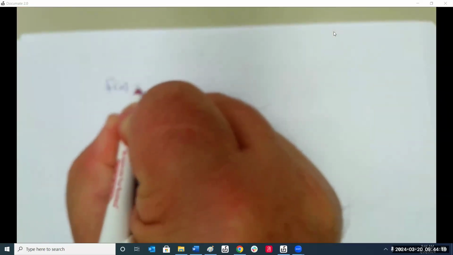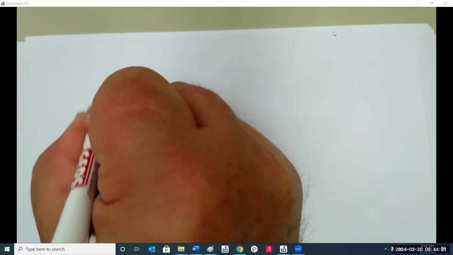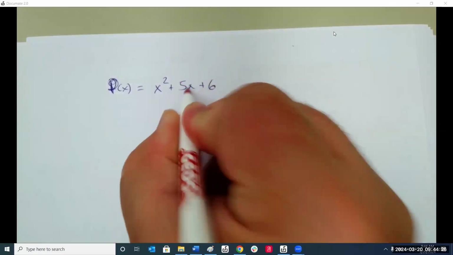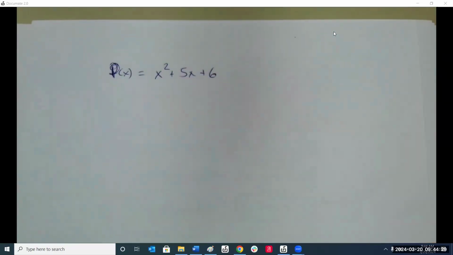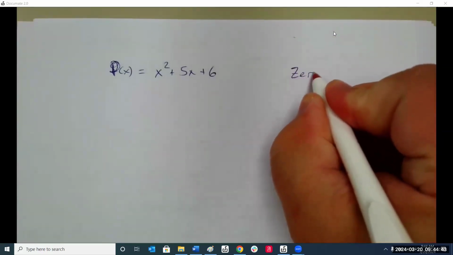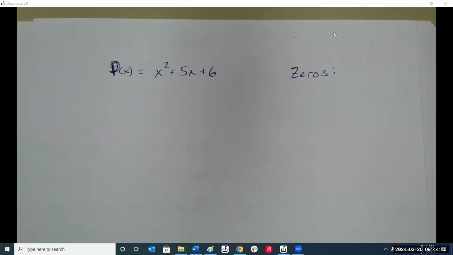Yeah, you're welcome. So let's get back to our example, we had our polynomial. Well, I'll use p since we're dealing with polynomials. x squared plus 5x plus 6. What can we find with all of these? If I give you this equation, what are all the informations you can tell me from this equation? You can tell me the zeros.